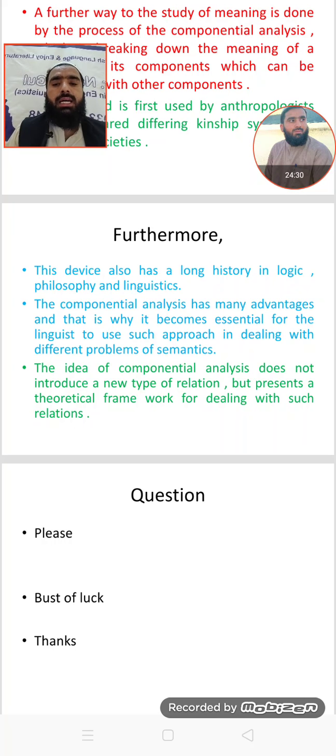So semantics is studying already available relations, not introducing new ones. This is a very beneficial study for the students of semantics.